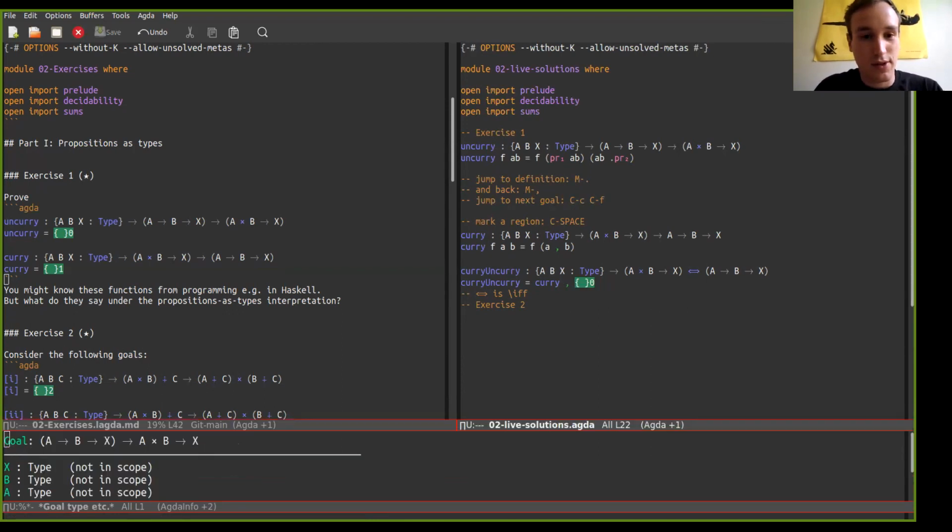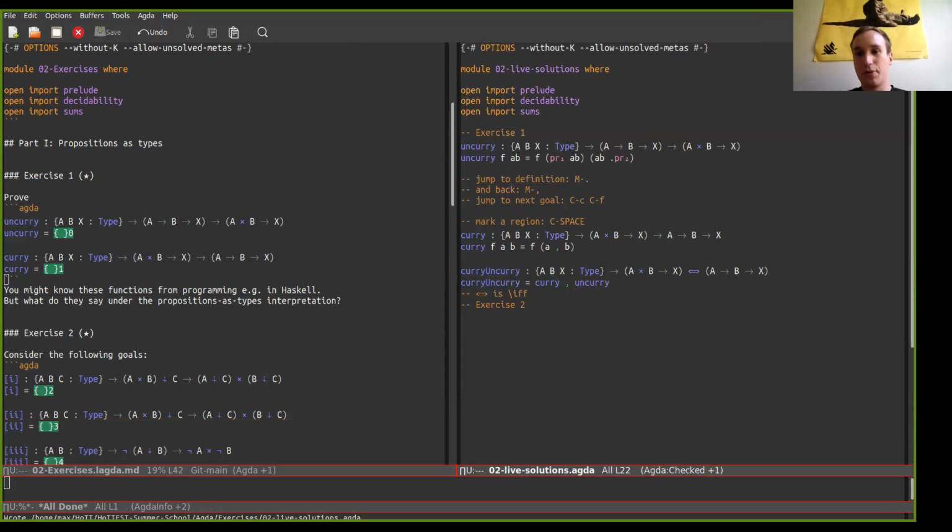And the second was uncurry. So what we have proved is that these two propositions, if we read them as propositions, are logically equivalent. Okay. Any questions?